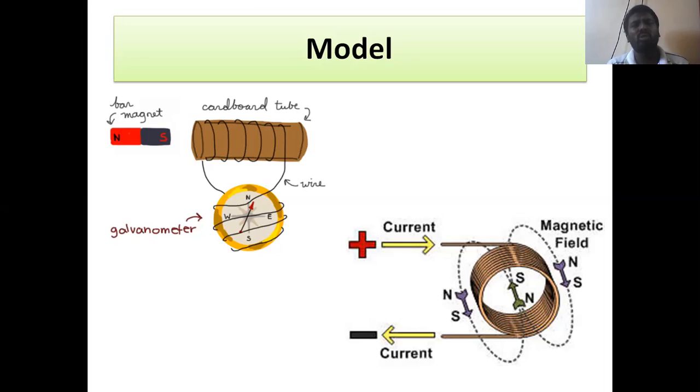When we study, we have to study in multiple ways: we have to know the electric field and the magnetic field, and a combination of both is electromagnetic theory. We will study that in higher classes.